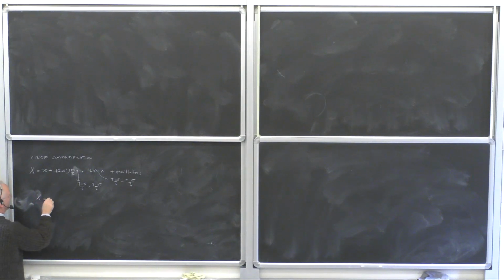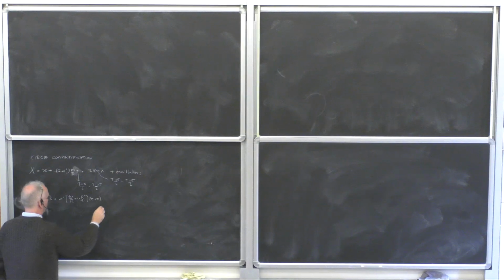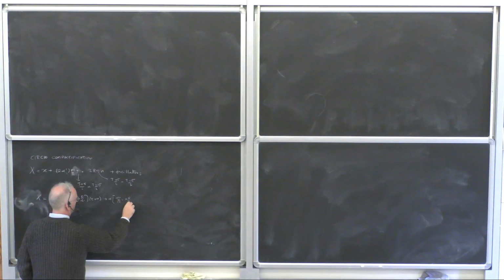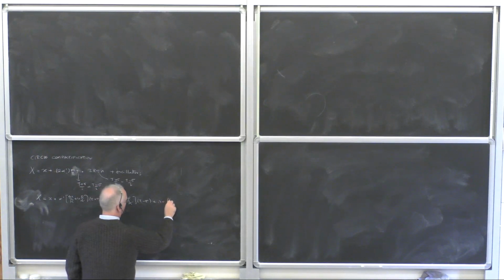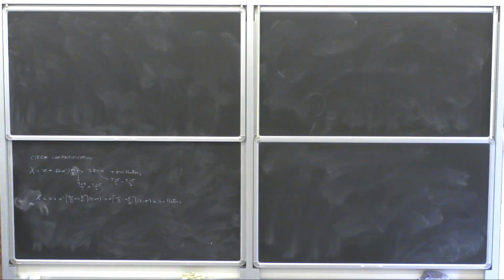So written like this, we got alpha prime, and so this way you define a left momentum and a right momentum.